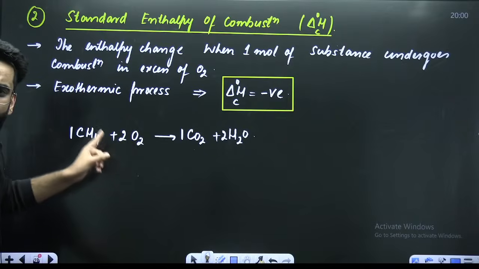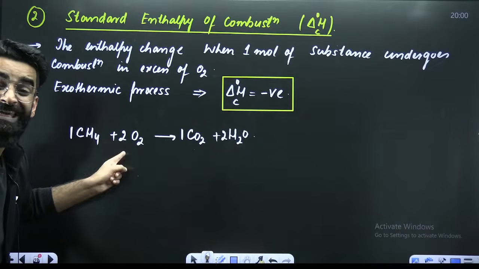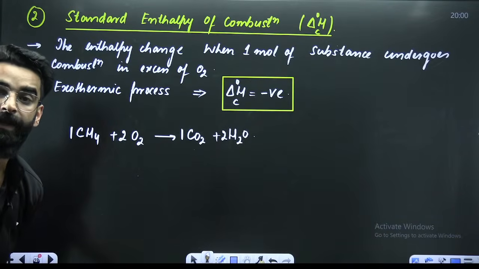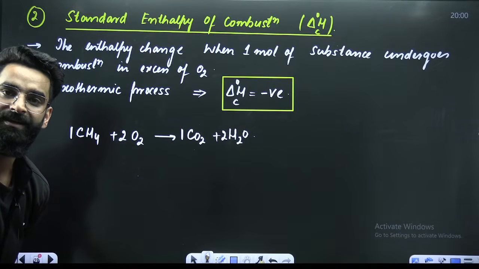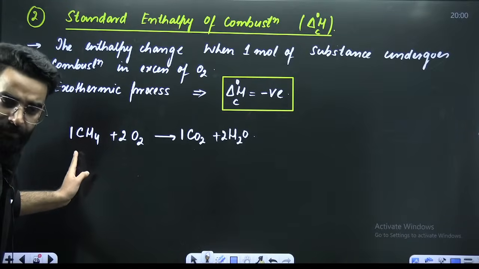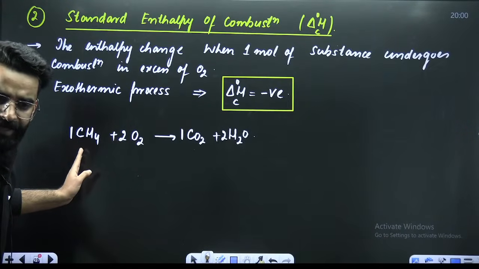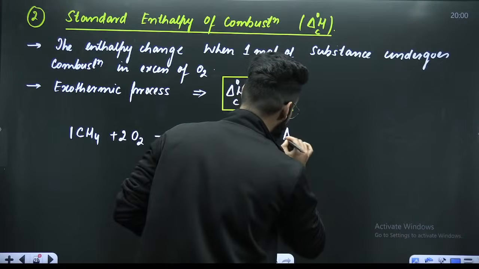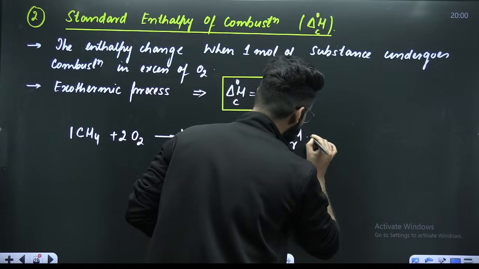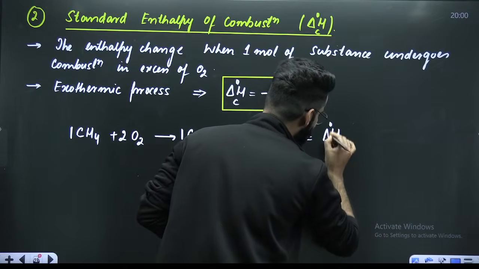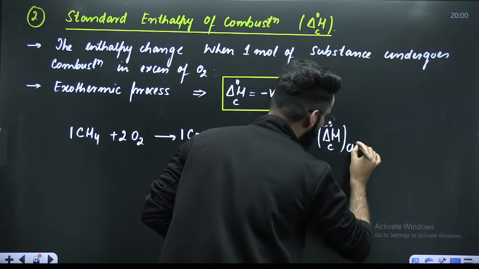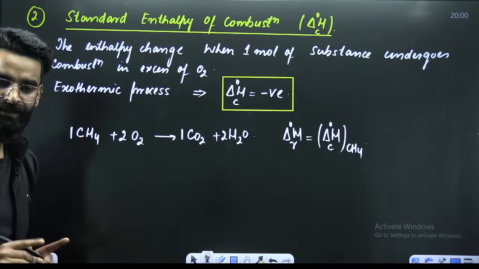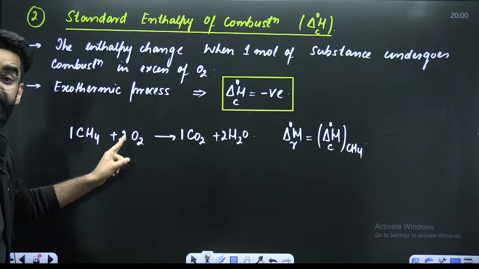So can I say whatever amount of heat will be released during this particular process, that is something which you will be calling the enthalpy of combustion of CH4? Correct? Because 1 mole of substance has undergone combustion.